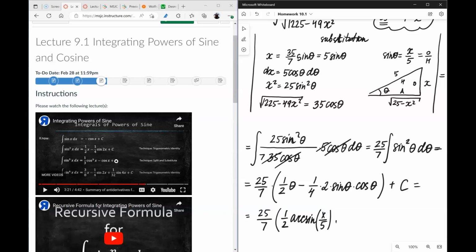Instead of sine of theta, we're going to write x over 5. But instead of cosine of theta, this is when we're going to be using this reference triangle, taking the adjacent side and dividing it by the hypotenuse. And now we've got the final answer. So let's type it up.